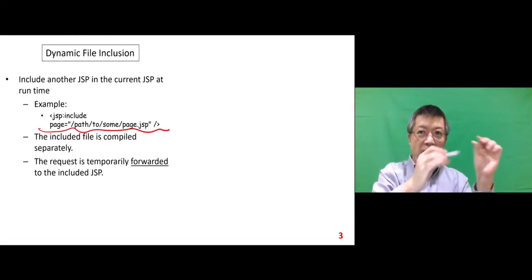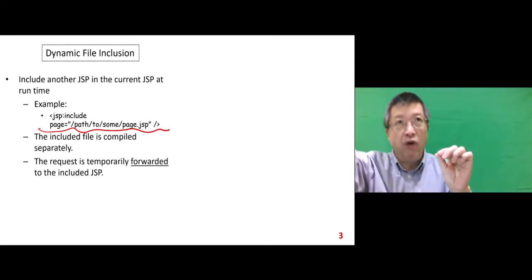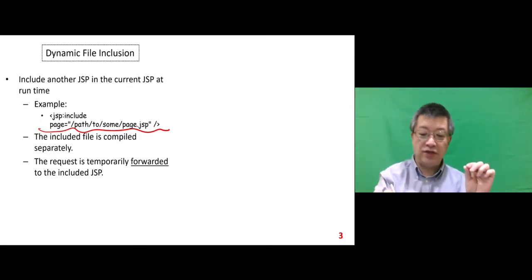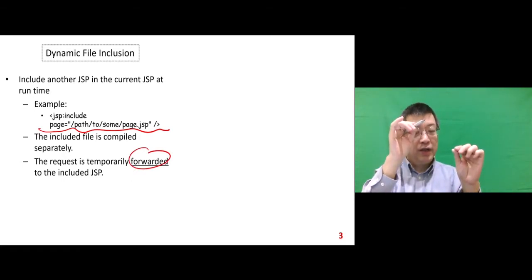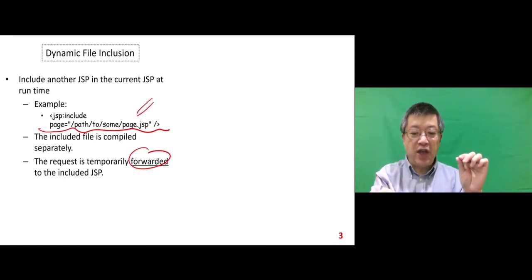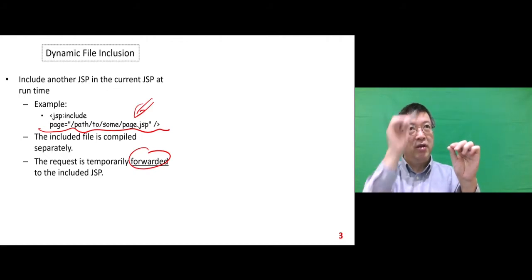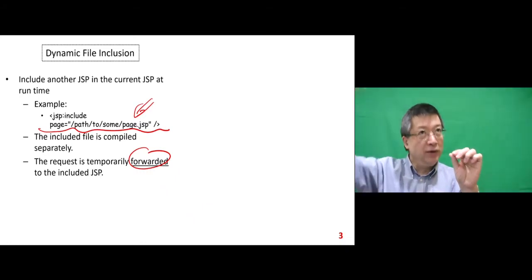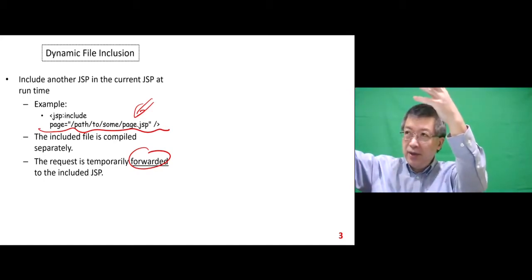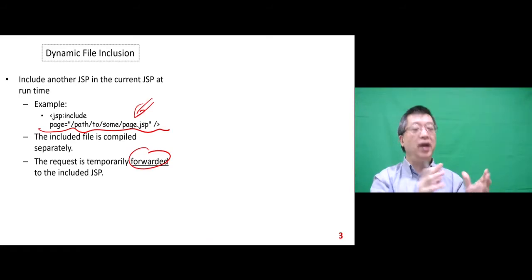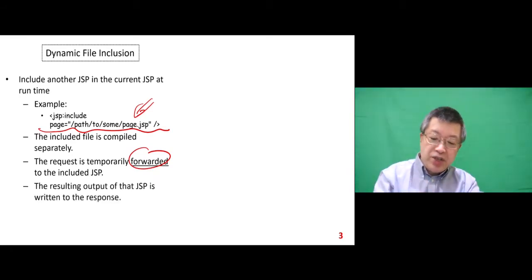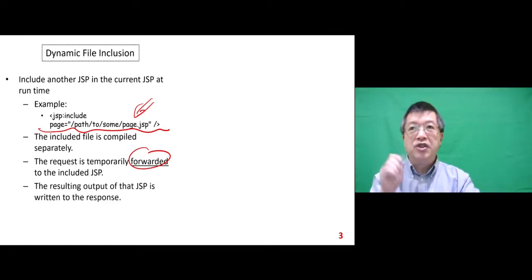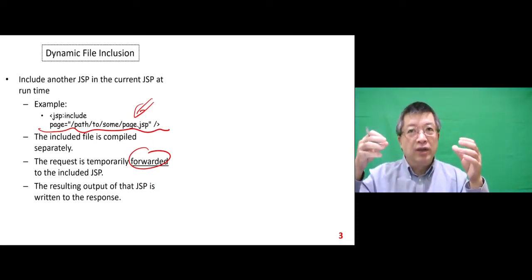Then the request is temporarily forwarded, so the request stays in the same scope, but you go to the included JSP. It is compiled, so it can run and generate output. The resulting output of that JSP is written to the response.